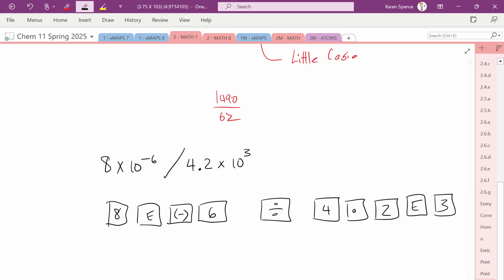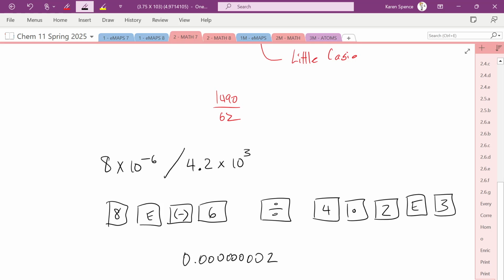When I do that, I get 0.000000002, which is really ugly. Some of you, it might put it into scientific notation for you. If it doesn't, this is another case where after you're done, you would then need to turn it into scientific notation.